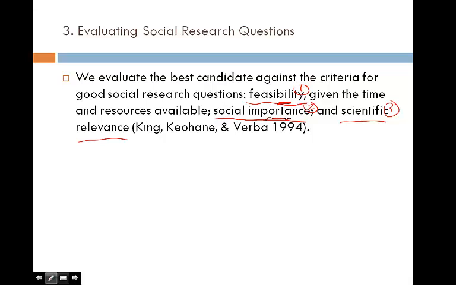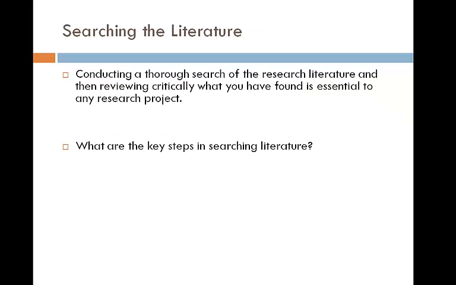That refers to how much it affects us as humans, as a society. The third one is scientific relevance. We are guided by theory, and we are generating new theories. This is what we call scientific relevance. So we are developing a body of knowledge.